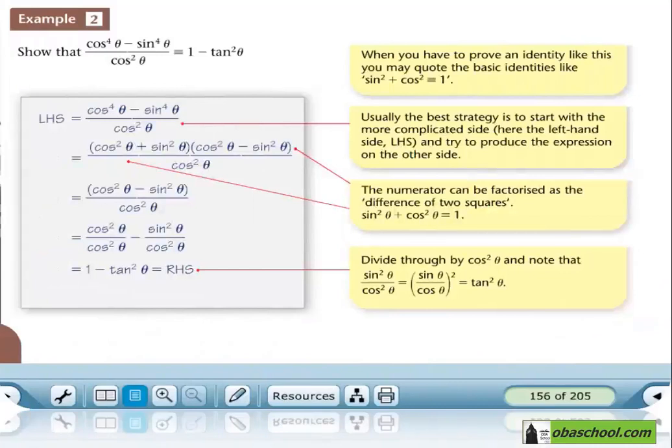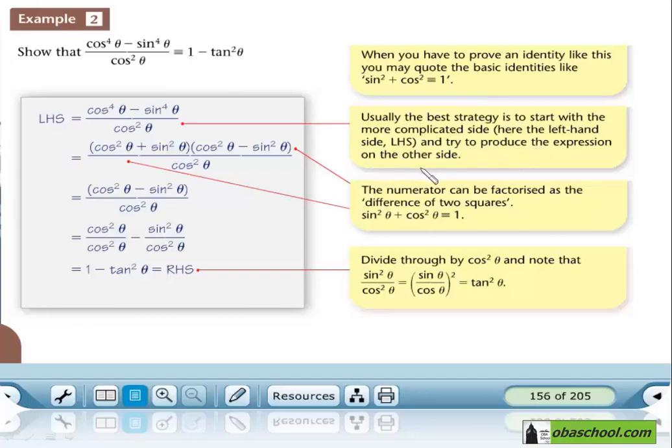Look at the book. When you have to prove an identity like this, you may quote the basic identities like sine squared plus cosine squared is equal to 1. And usually the best strategy is to start with the more complicated side, here the left-hand side, and try to produce the expression on the other side.